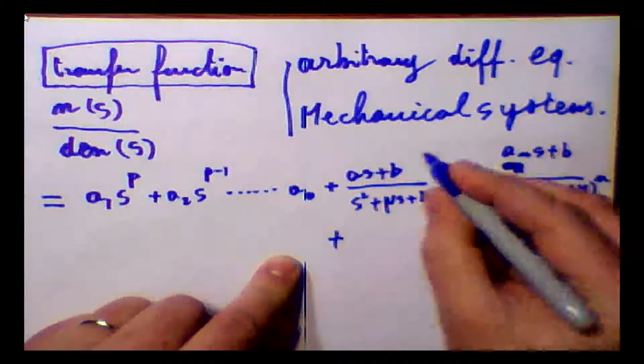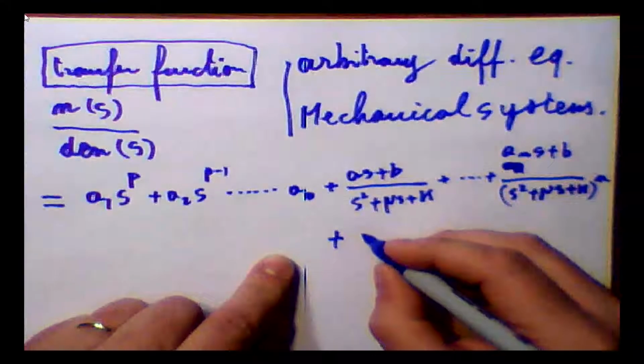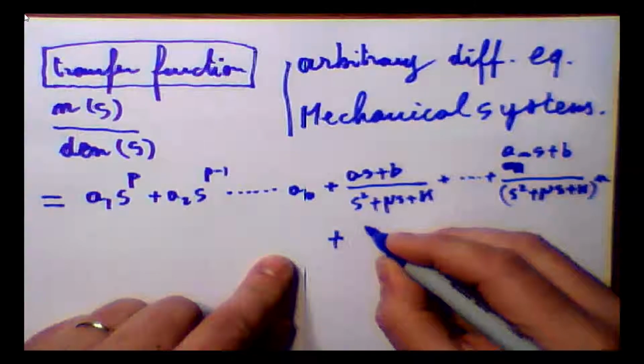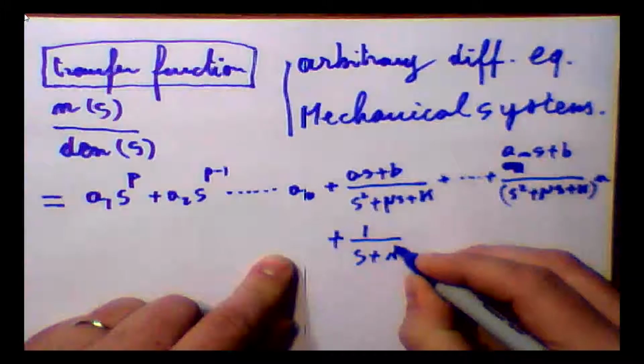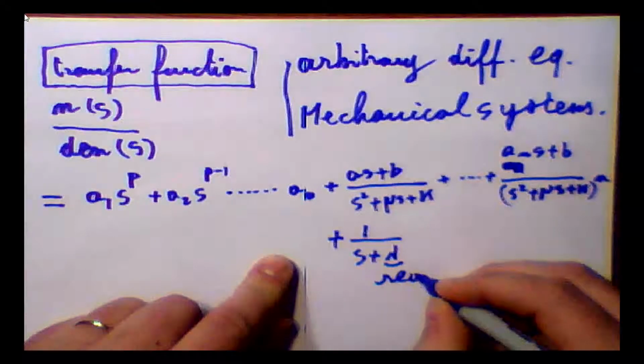These are like second order terms, plus first order terms, which will be more of the kind 1 over (S plus lambda), where lambda is real.